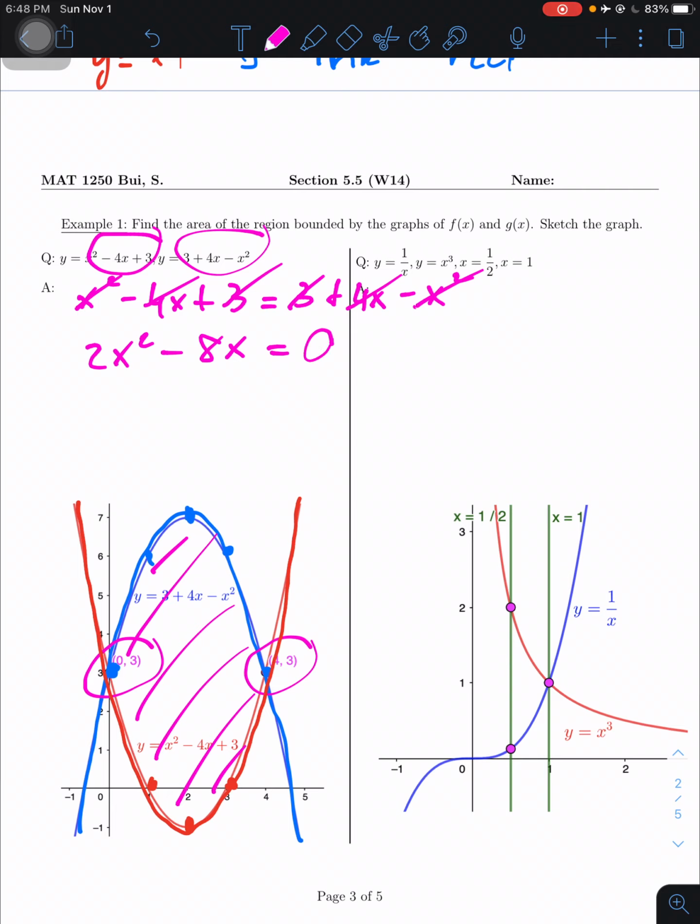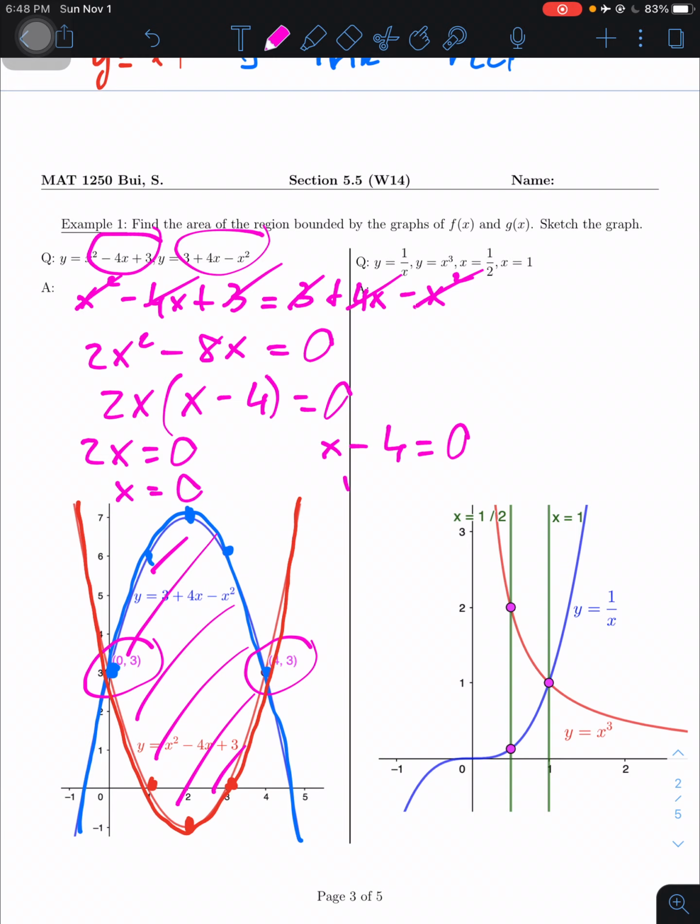So this step in here, you can go ahead and factor out a common term, which is 2x, right? And then you're going to end up having x minus 4. You set each of them equal to 0, so you get 2x equal to 0, or x minus 4 equal to 0. And then you get x equal to 0 or x equal to 4, just like what we have in here for the x part, 0 and 4, right?